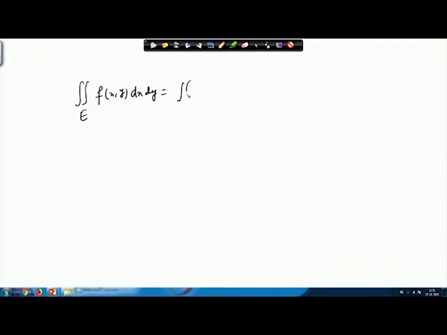We are changing x to phi(u,v) and y by psi(u,v), and dx will be changed to du, and dy will be changed to dv. However, we will have an external factor here, which is this |J|, and this has a meaning.